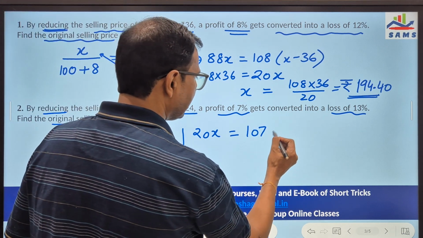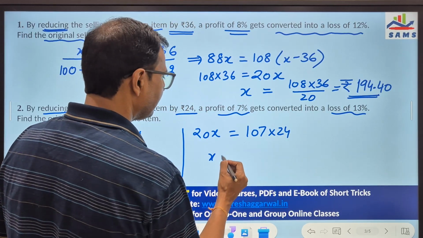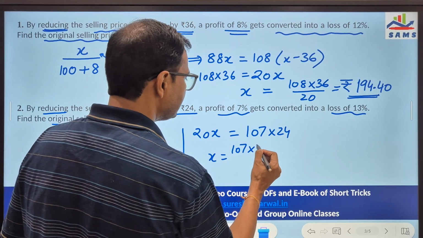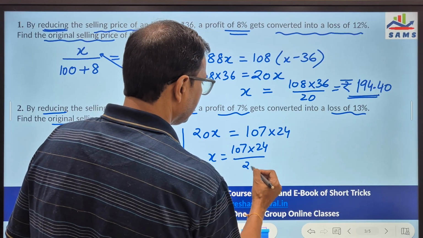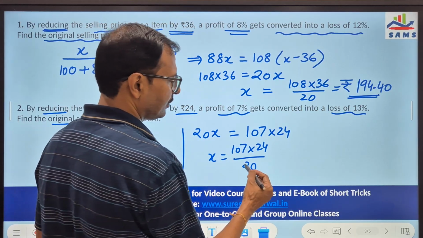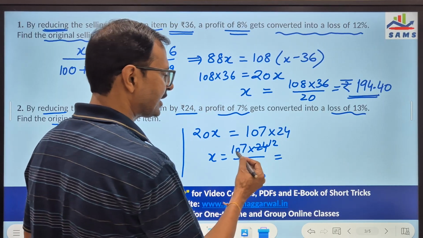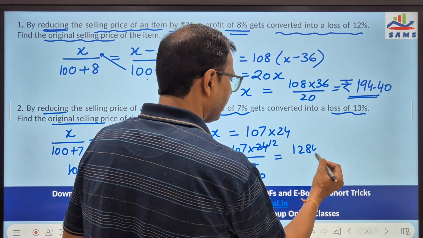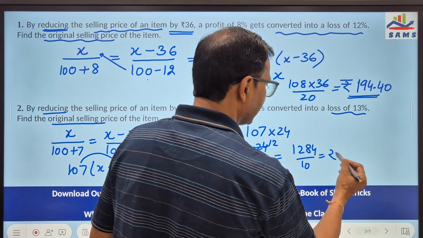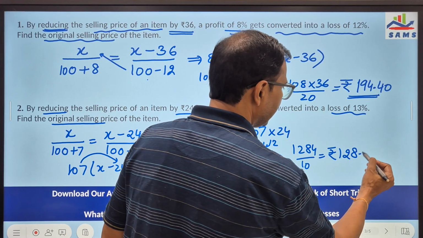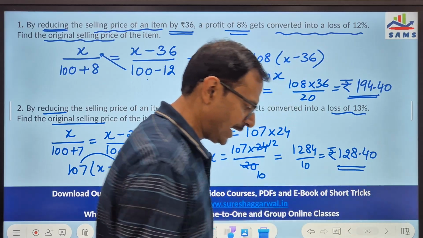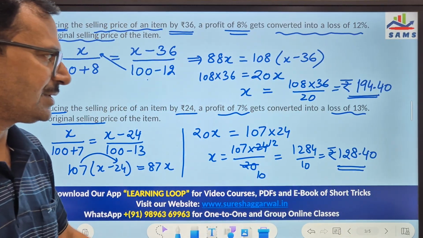So 107 times 24, thereby giving you X as 107 times 24 upon 20. And you can see we can write it as 10 and 12, and this will give you 12 sevens are 84, 1284 upon 10, which gives you the final answer as 128.40. That is the answer for the question.